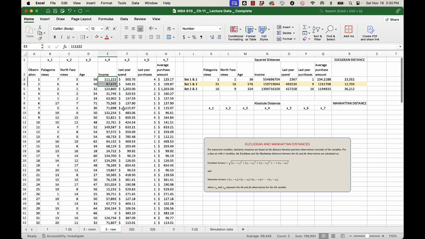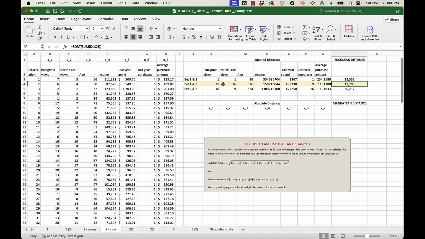The difference between 111,000 and 87,000 yields a squared income difference of whatever this gargantuan number is. And because 1 and 3 are more similar in income, they have a closer squared distance, and that dominates when it comes to calculating Euclidean distance, and it makes 1 and 3 seem more similar when they're not.